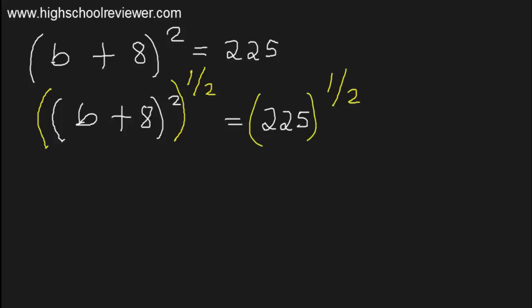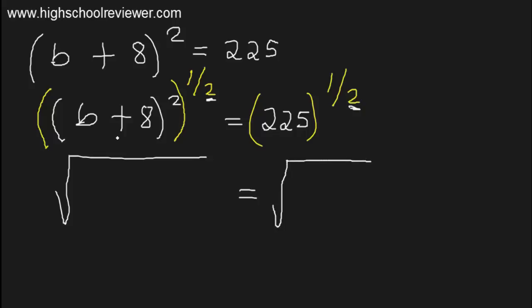Now, since the denominator of the two exponents is 2, this will be equal to the square root. And then our base on the left will be the quantity of b plus 8 raised to the power of 2.